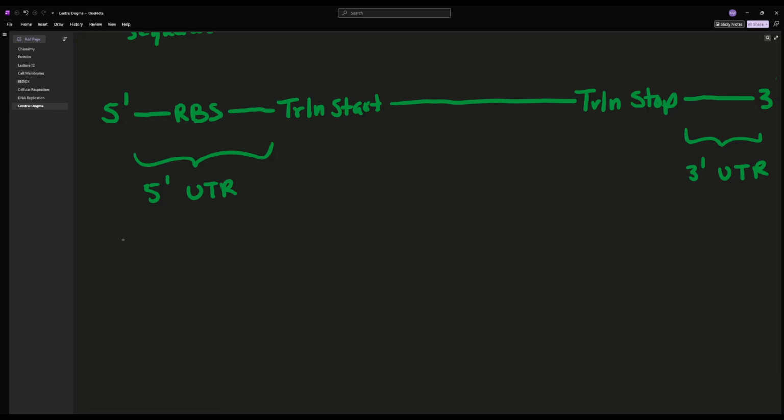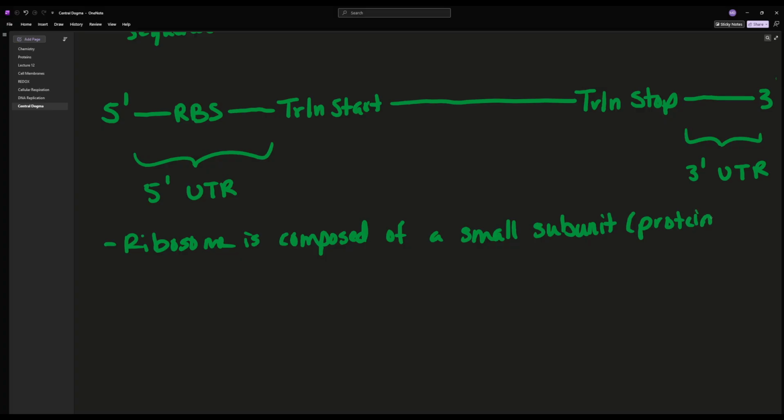So the ribosome is composed of a small subunit that is made of protein, a large subunit, also protein, and various structural and catalytic rRNAs.